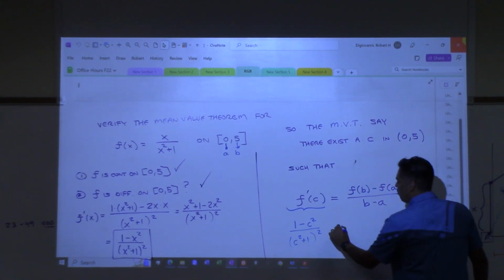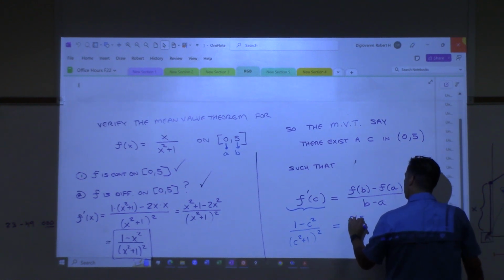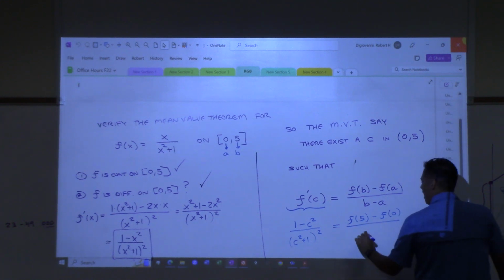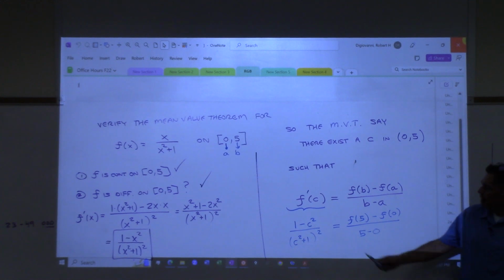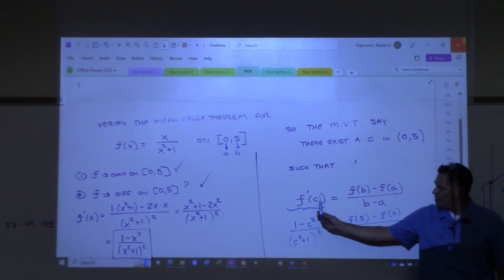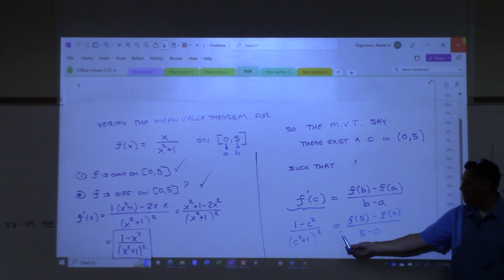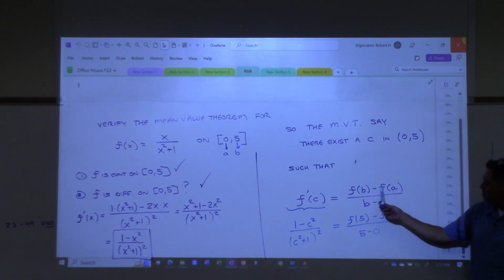That must be equal to f of 5 minus f of 0 over 5 minus 0. So I'm saying that at some value of c, the derivative must be equal to, or parallel to, the slope of the secant line.